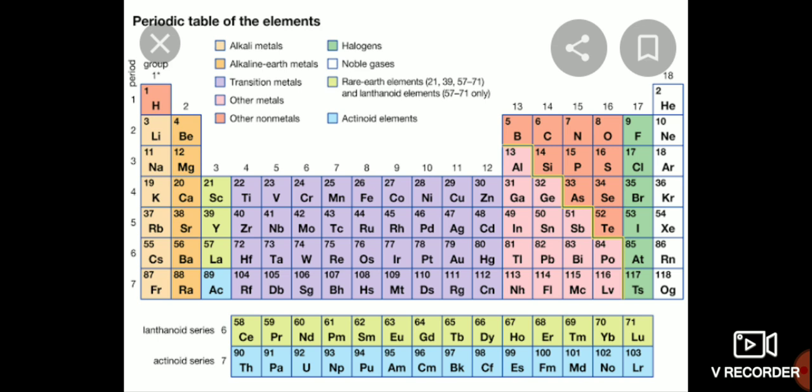So these are the advantages of the modern periodic table.